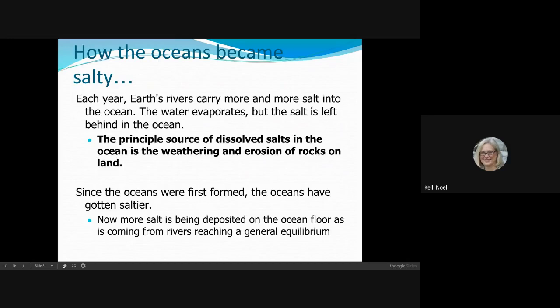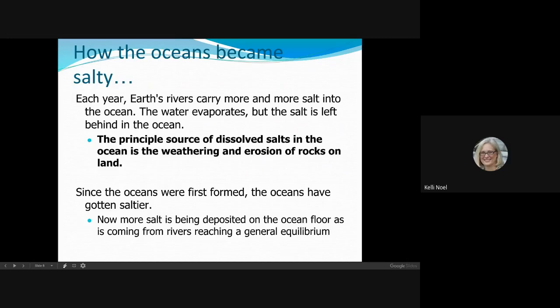Since the oceans were first formed, they've been getting saltier. Now more salt is being deposited on the ocean floor as it's coming from rivers, reaching a general equilibrium. Remember, that's physical science, that you can only dissolve so much salt in a certain amount of water.